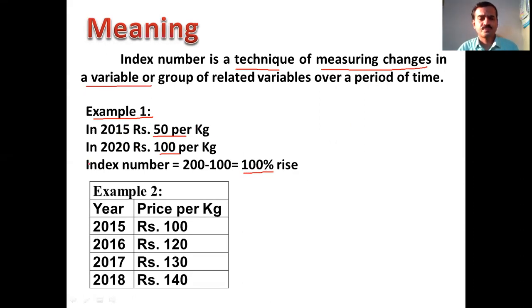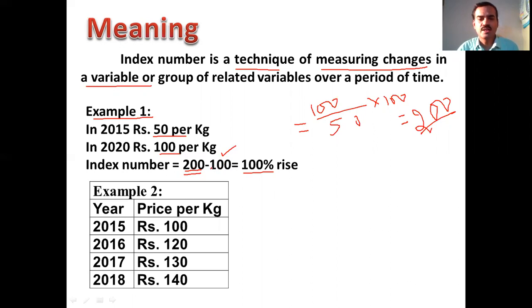Now we can calculate the index number for this example. So index number here is the price of the commodity in the current year, that is 100, divided by the price of the commodity in the base year, that is 50, into 100, which equals 200. So it is called the index number, which we have used here, that is 200, and minus 100, so base we have to take as 100.